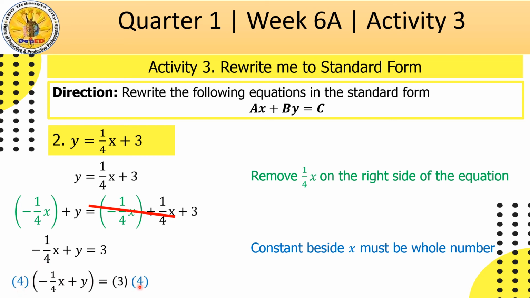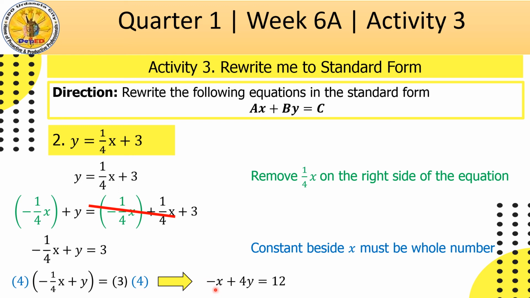So we will just multiply it, applying distributive property. So 4 times negative 1/4, and that is negative x, negative 1x. Next, 4 times y, we have 4y. 4 times 3, and we have 12. And this is not yet the final answer because the constant of x here is negative.